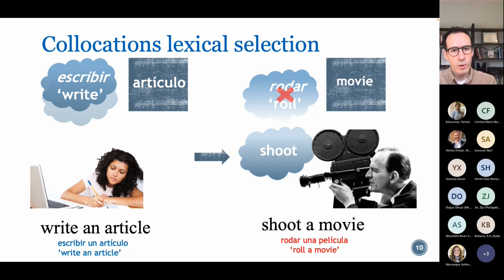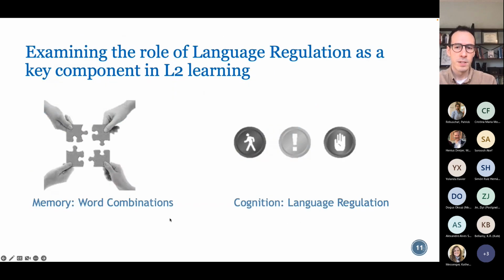Selecting the target actually requires doing so over the more entrenched and highly active competitor from the first language. In other words, selecting shoot doesn't only require remembering this link between shoot and movie, but the idea is that this would require inhibiting the more automatic choice based on the more entrenched links in the first language, or the dominant language.